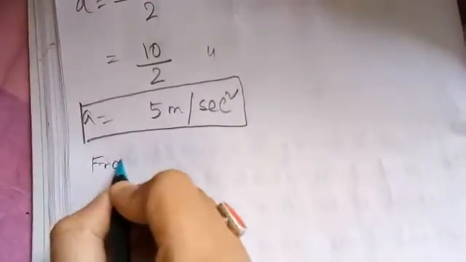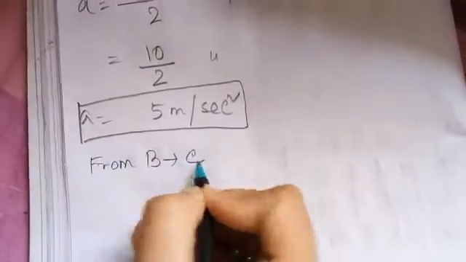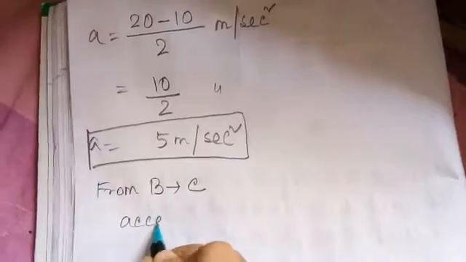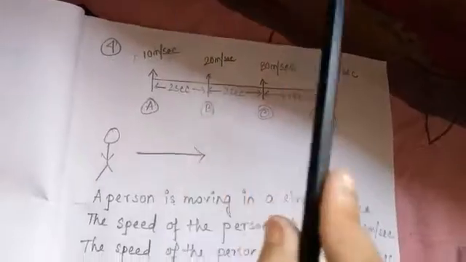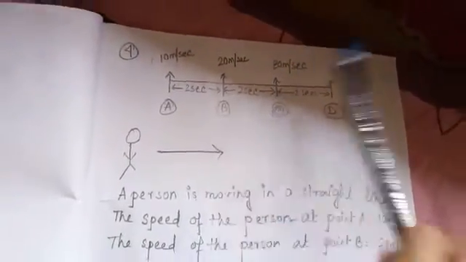Now from B to C, what is the acceleration? From B to C the velocity changes from 20 meters per second to 30 meters per second in 2 seconds.